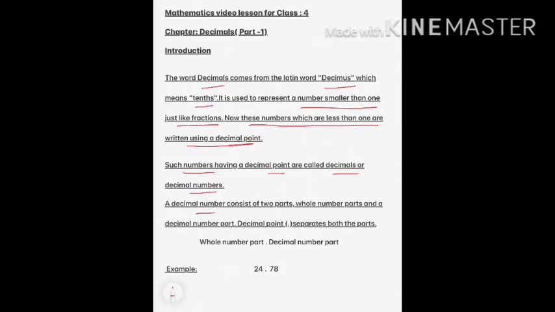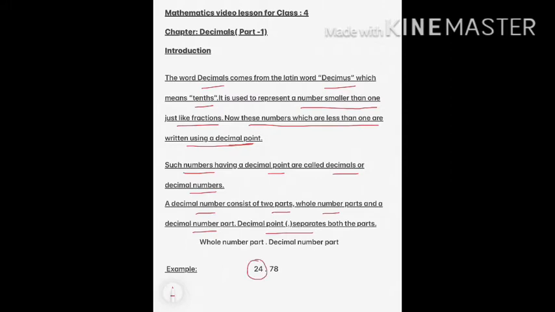A decimal number consists of two parts, a whole number part and a decimal number part, and a decimal point separates them. Here is an example in front of you, 24.78.